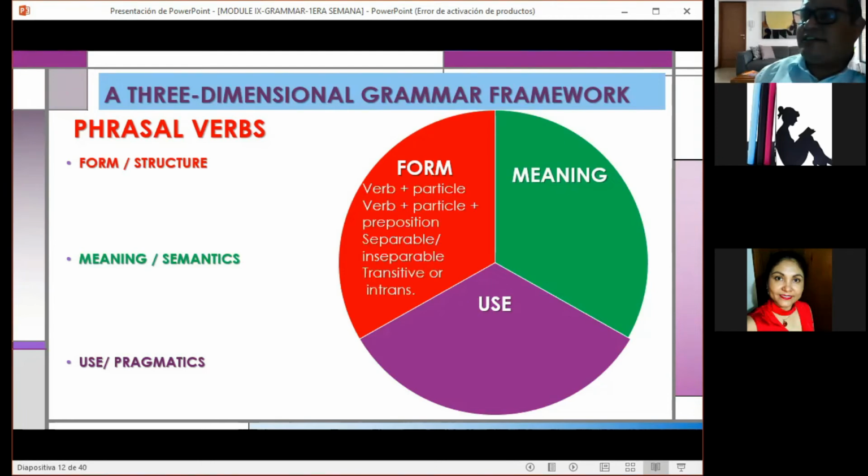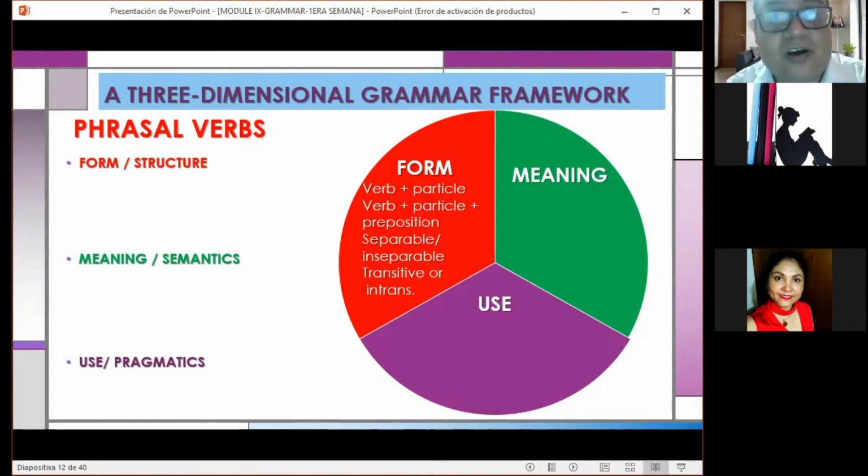As Janela says, the way that we compose a phrasal verb is joining a verb plus a particle, or verb plus particle plus preposition. So with 2 elements, 3 words, but they have just one meaning.